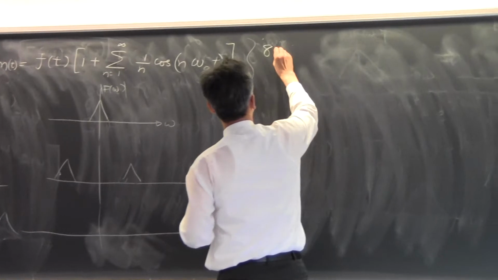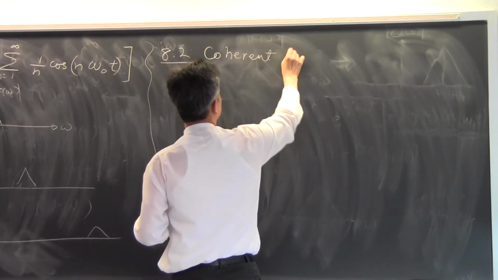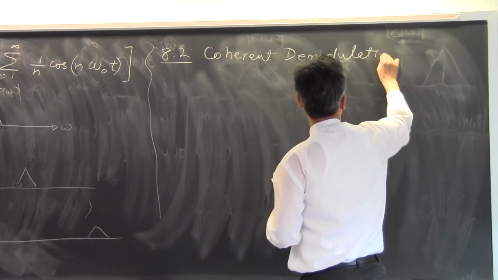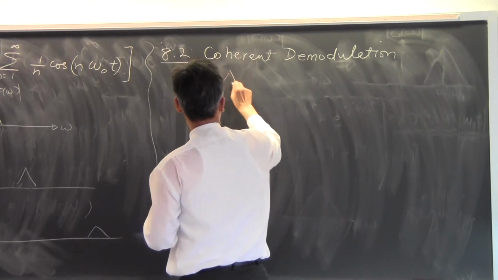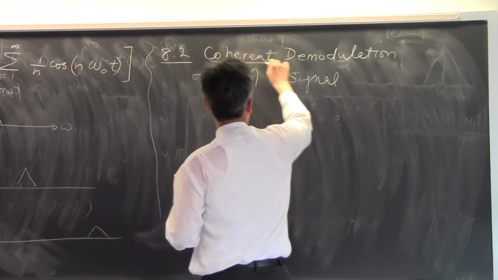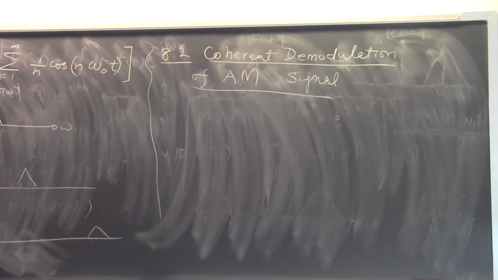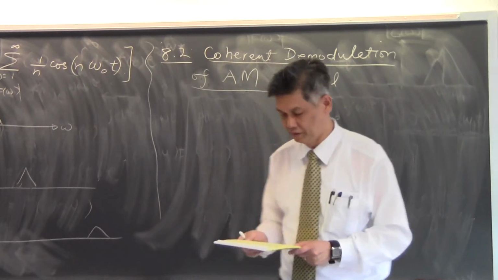This is section 8.2, coherent demodulation of AM signal. AM means amplitude modulated signal. I just modulate the amplitude with the voice signal.